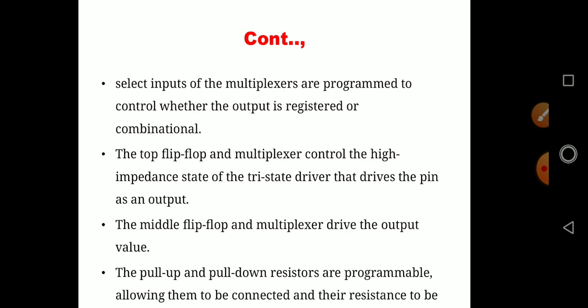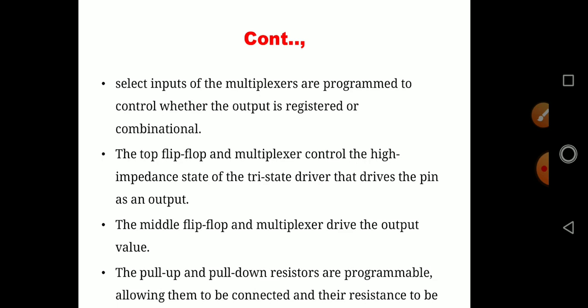The select inputs for the multiplexers are selected by programming only, and the top flip flop, or the first flip flop, and multiplexers help in controlling the high impedance state of a tri-state buffer that drives the pin and output, and then the middle flip flop as well as multiplexers drive the direct output value.